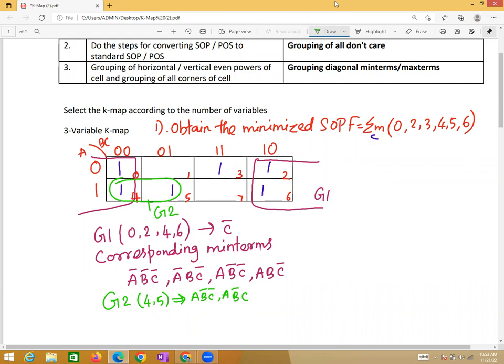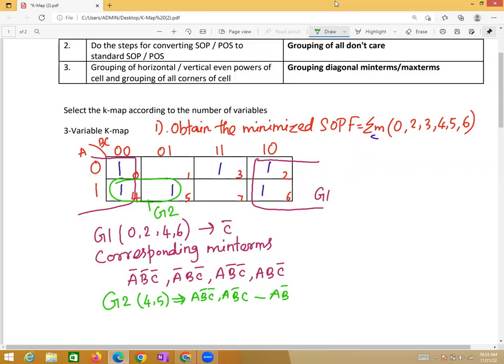Now again we need to take only the common min terms in these 2 cells, and the common term is A, B bar.